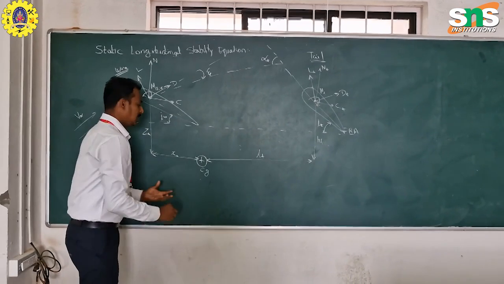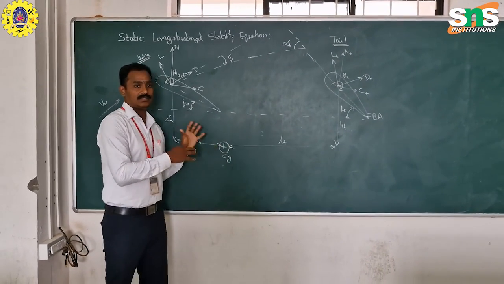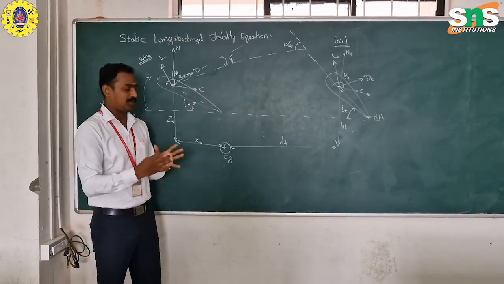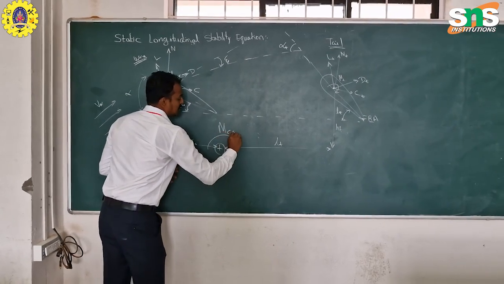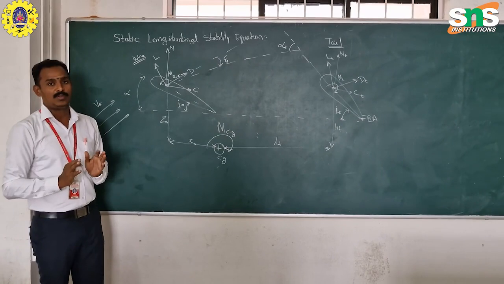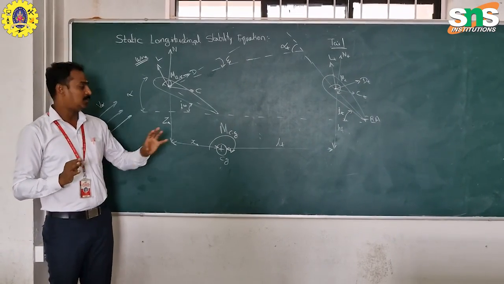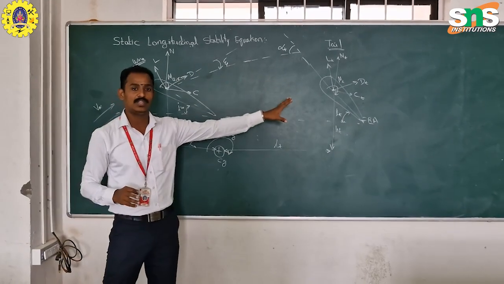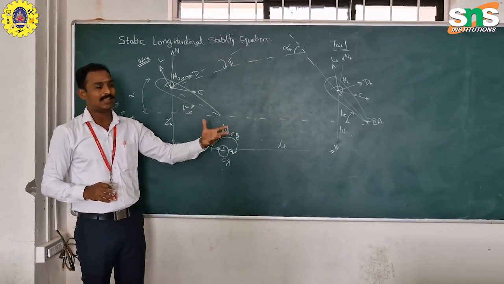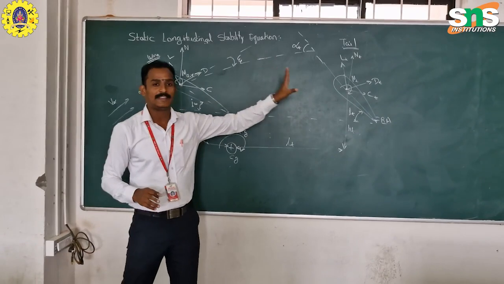This is the vector representation of the main wing placement and tail wing placement with respect to the CG. To maintain the wing and tail in equilibrium, the moment about the CG should be in equilibrium. So now we take moments about the CG with respect to the normal force and chordwise force, which include lift and drag for both the wing and the tail section.